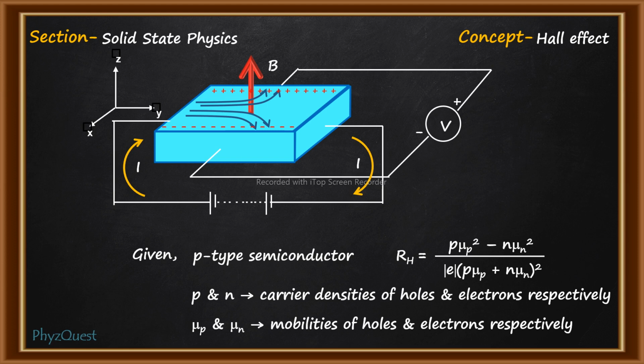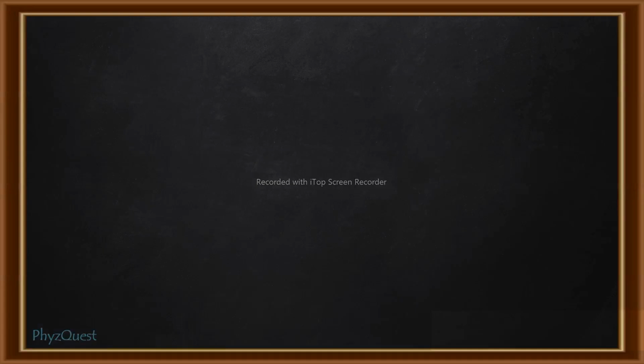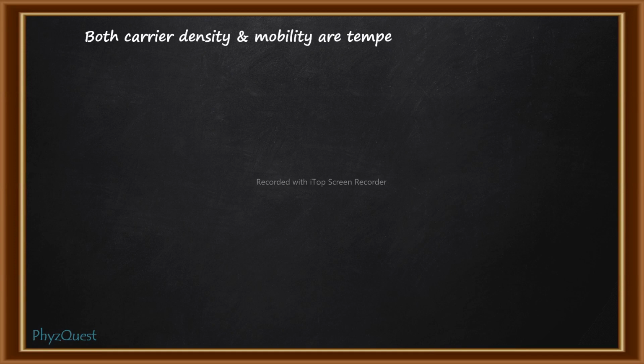Now this question talks about the temperature dependence of the Hall coefficient. As we study this expression, both the carrier density and the mobility are temperature dependent. So to find the answer, we need to understand the temperature dependence of both the carrier densities P and N as well as the carrier mobilities mu P and mu N, and how they are affected by the change of temperature.